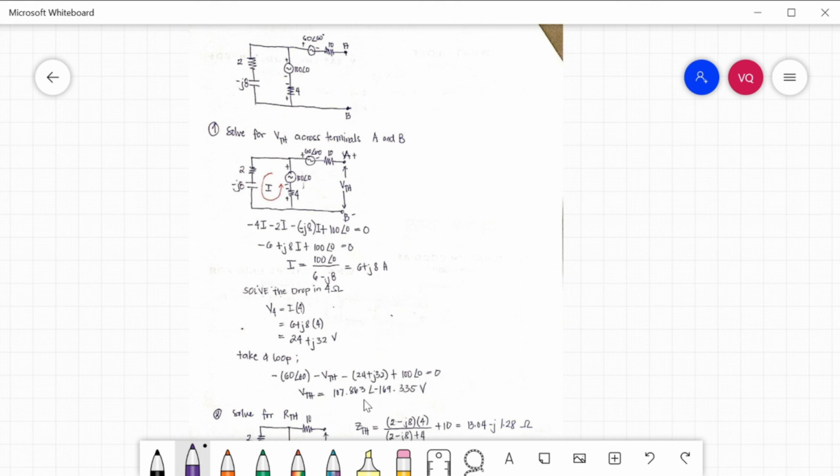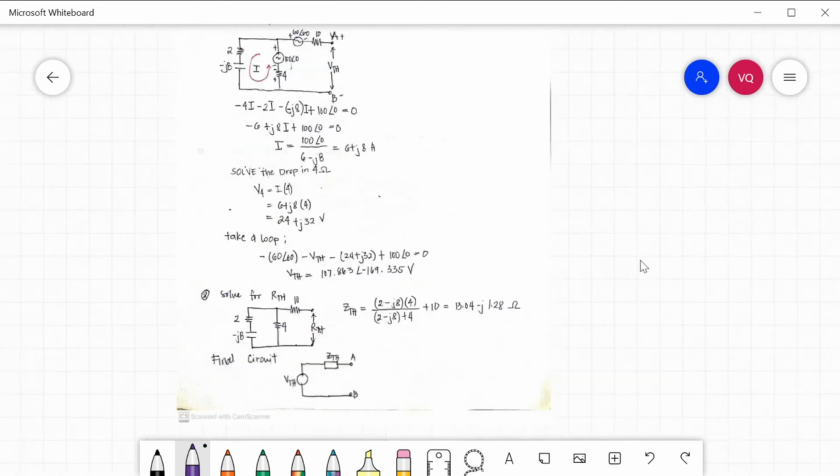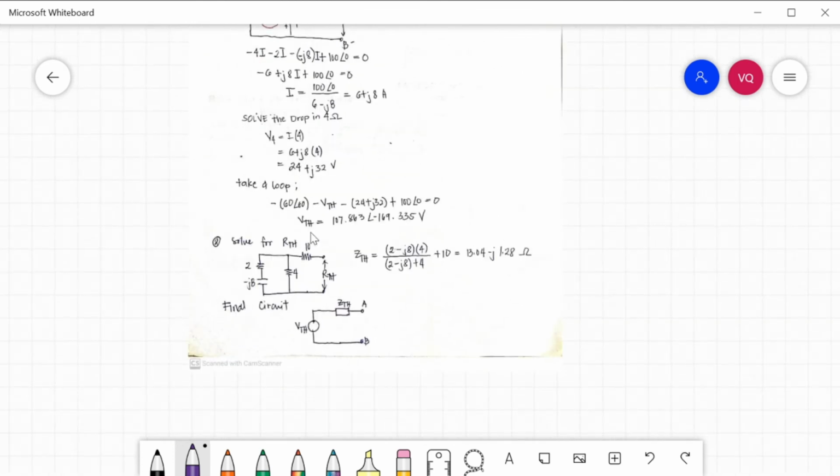Solving this equation, we have VTH equal to 107.863 angle negative 169.335 volts. Next is the ZTH or RTH, shorting all the sources.